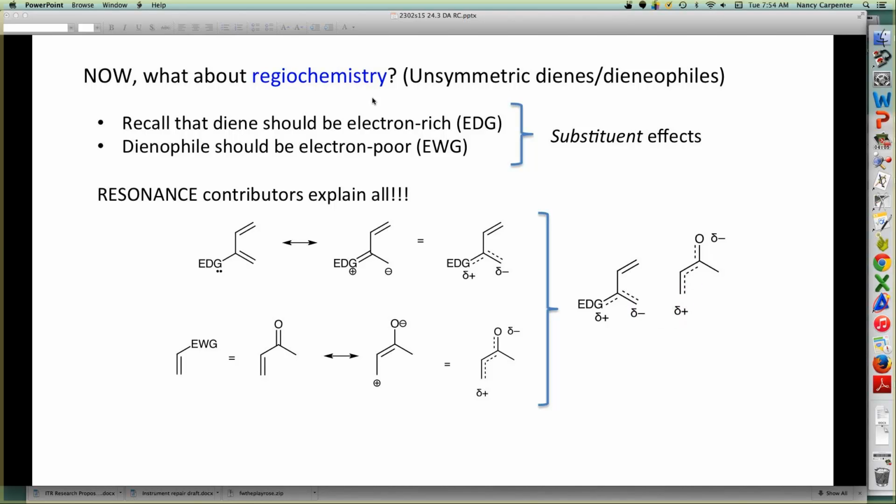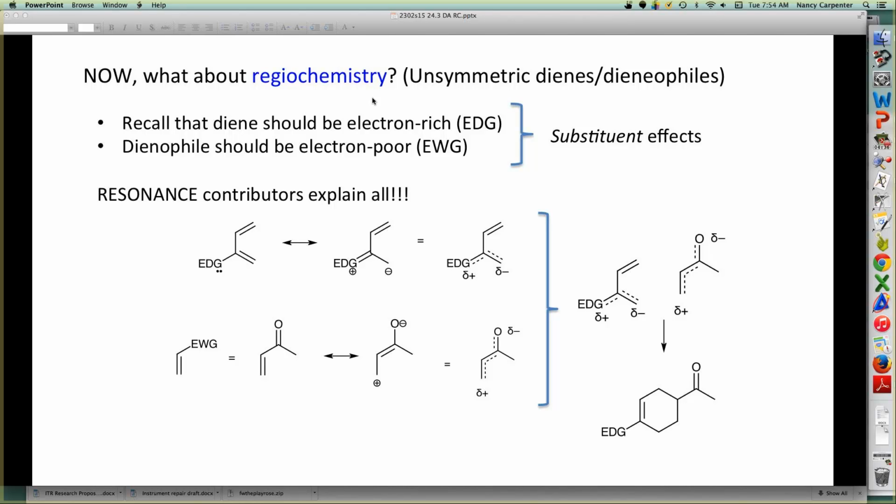So basically we get regiochemical control on the basis of that unequal distribution of charge. And we get one regioisomer only, the one where the charges match up.